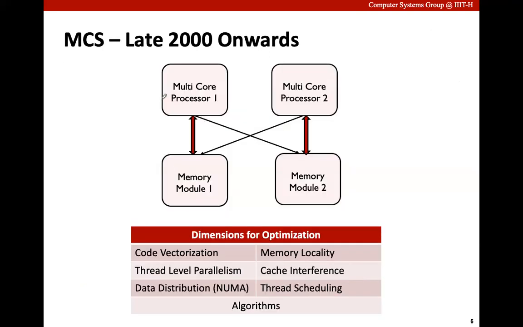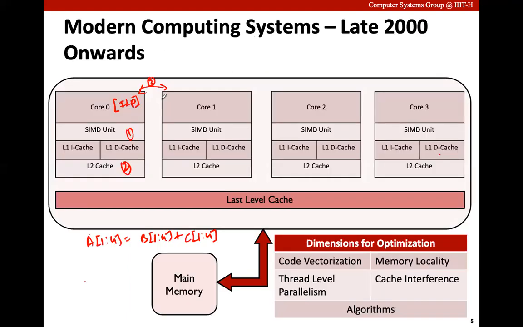So the challenge here is, given a program, from the algorithm designer's perspective, how do I parallelize my algorithm? How do I design my algorithm so that we can better make use of SIMD or cache locality?